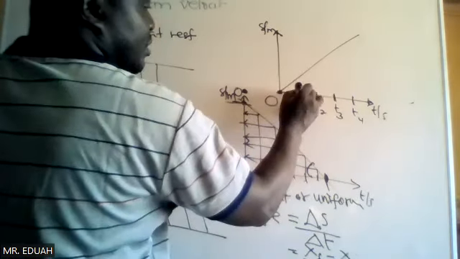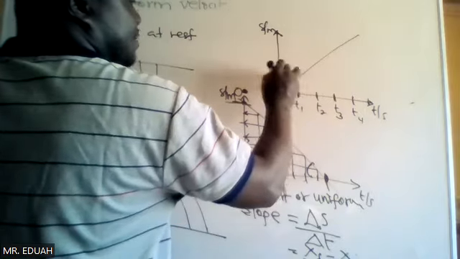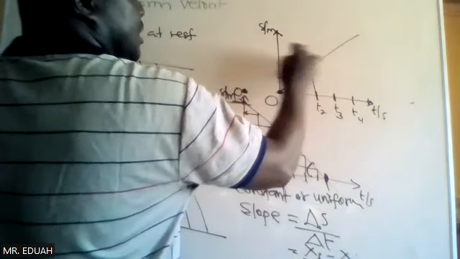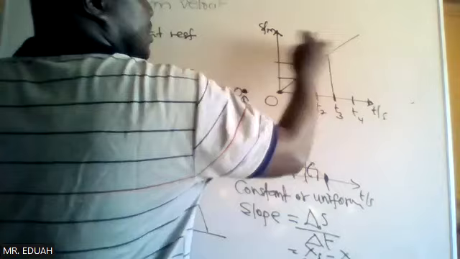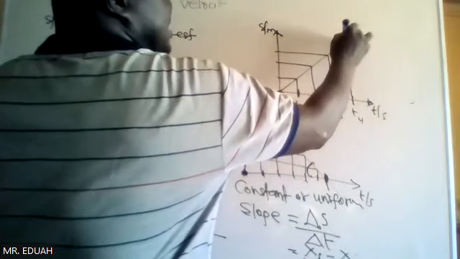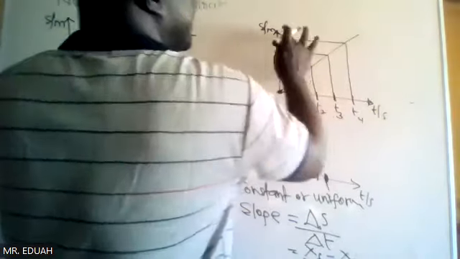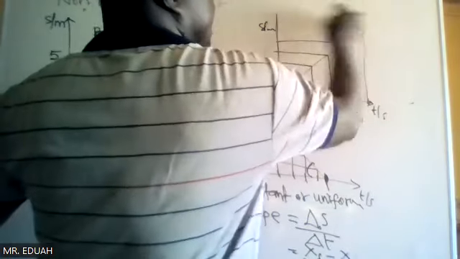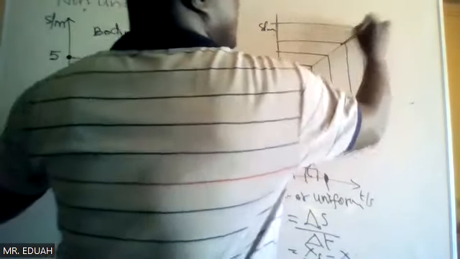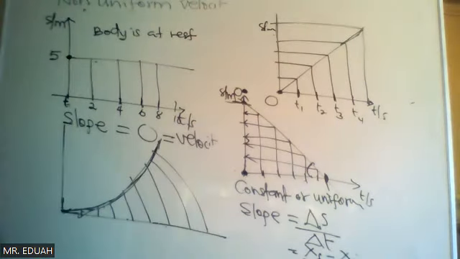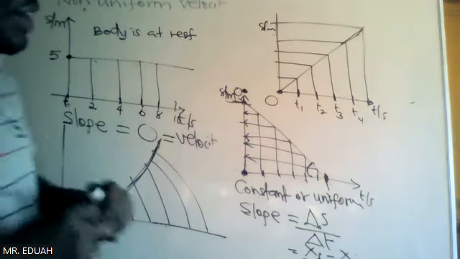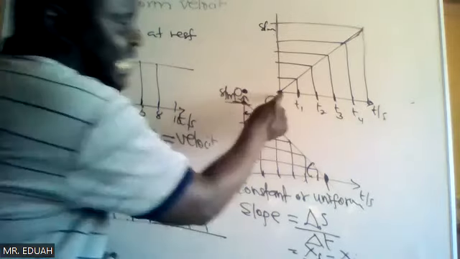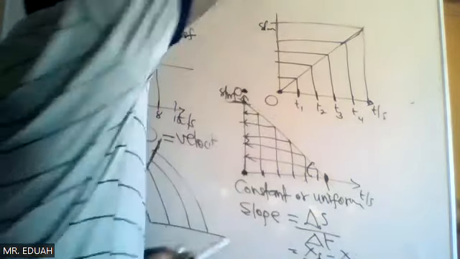You realize that as time increases, the displacement of the body also increases. Practically, it means that the body is moving away from the starting point. So the body's position with reference to the fixed point, the starting point, is increasing.